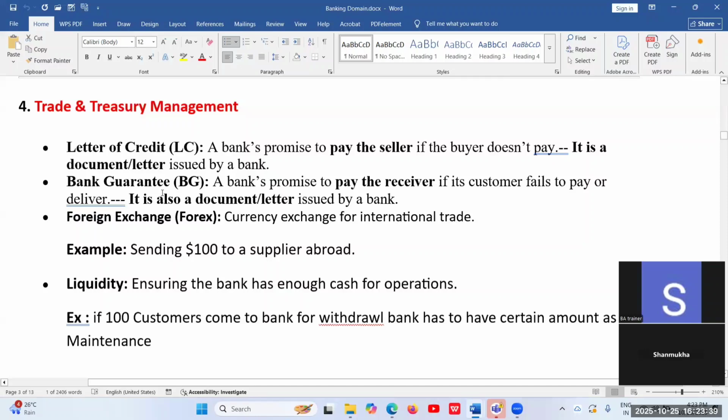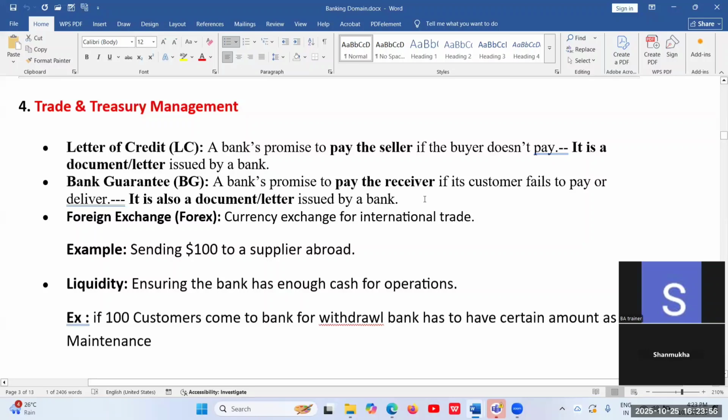Next we have bank guarantee. The bank promises to pay the receiver if the customer fails to pay or deliver. It is also a document or a letter issued by a bank.